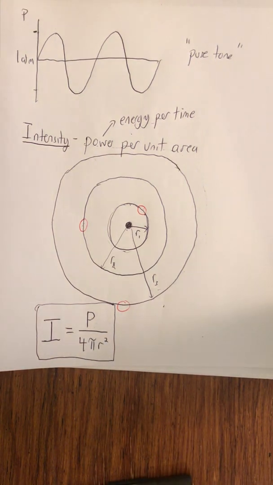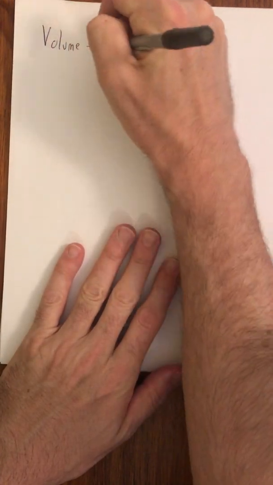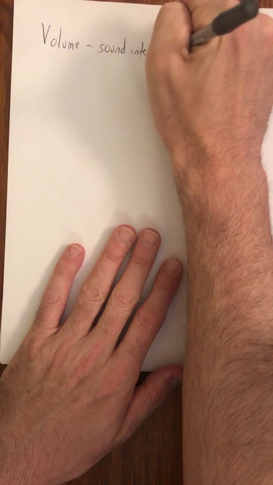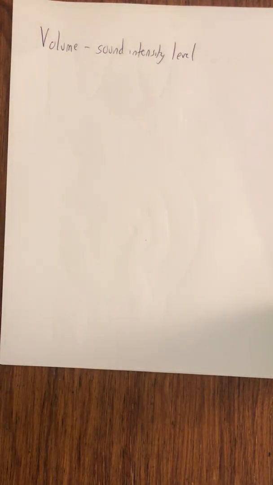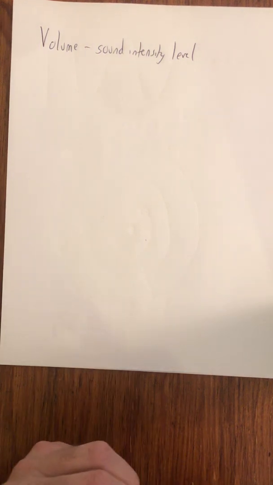Now, the next thing that I want to talk about is the decibel scale, right? Sound intensity level, which is a measurement of volume. I'm not going to get too much into it because it's actually a complicated mathematical experience, how we talk about this.